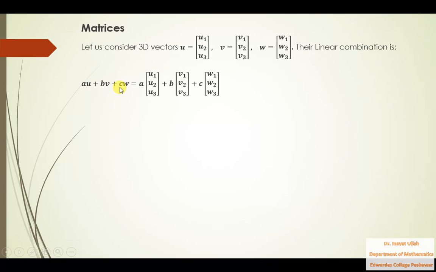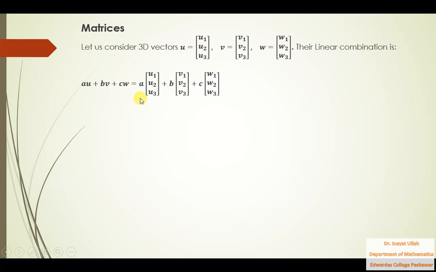So this is called the linear combination of u, v and w. This can be written as a into u vector, plus b into v vector, plus c into w vector.